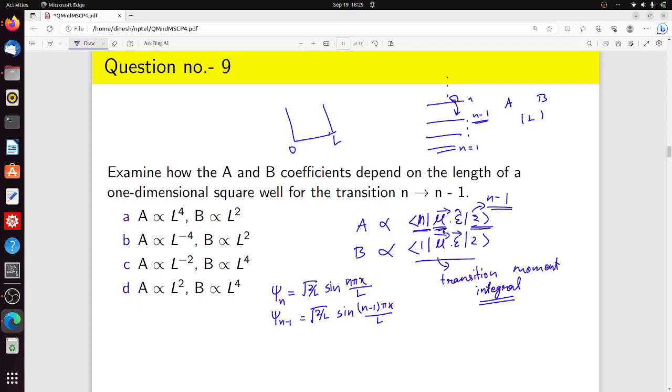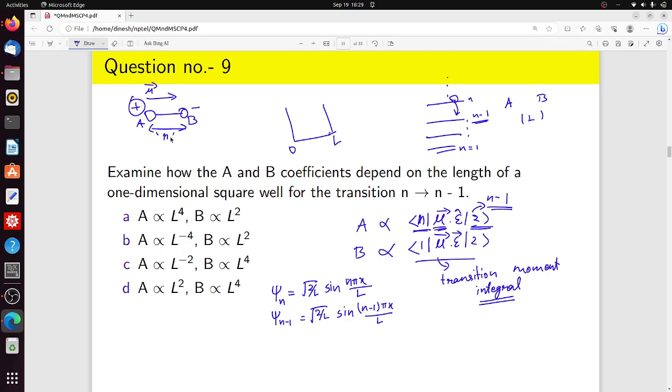Okay, what is this moment? If there is a molecule A and B, it will be composed of positive and negative charge, right? Then it will have a dipole moment, an electric moment. It will depend on the charge times the distance between them.